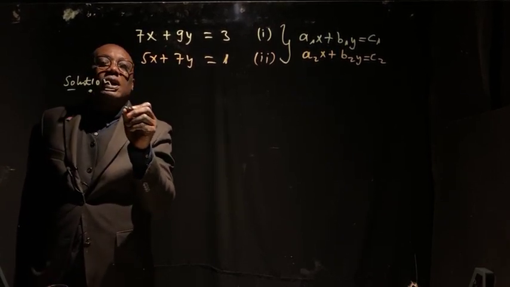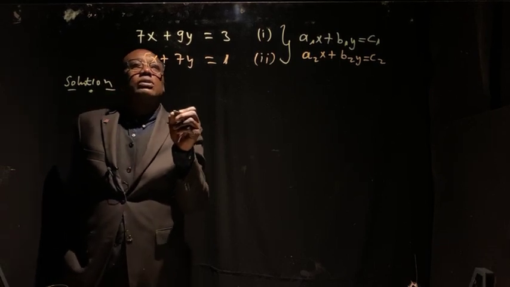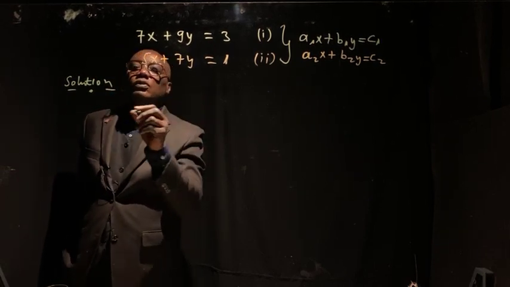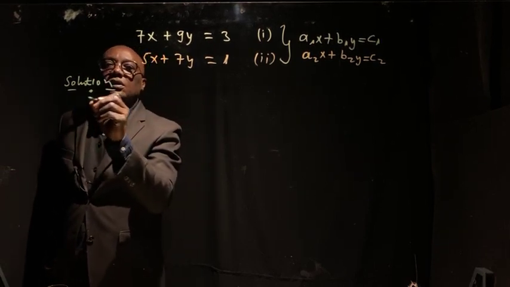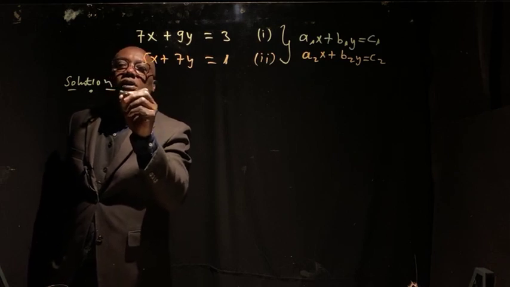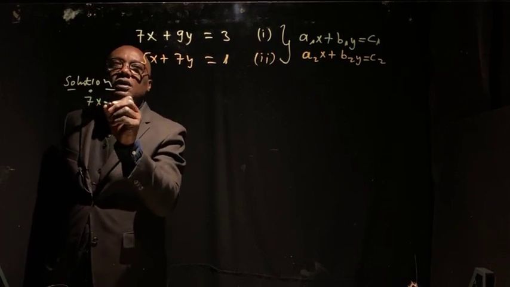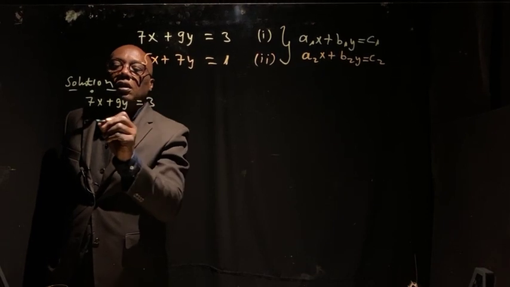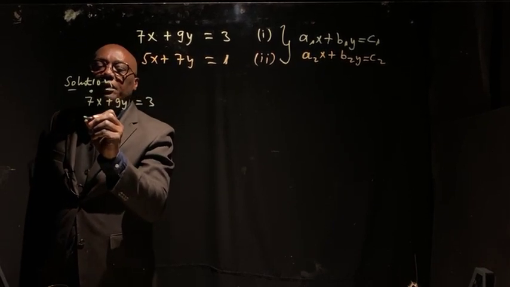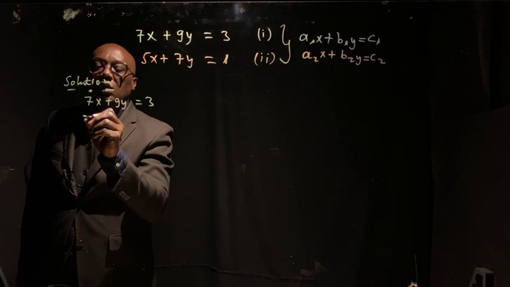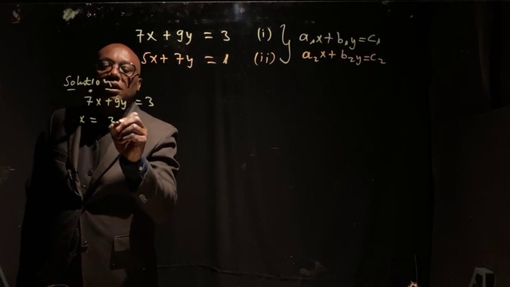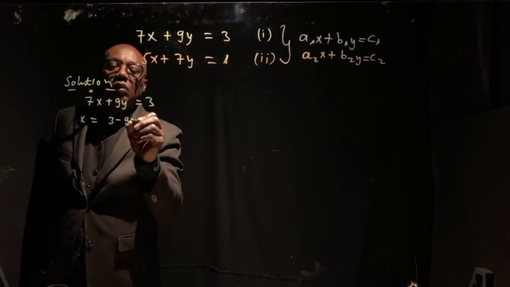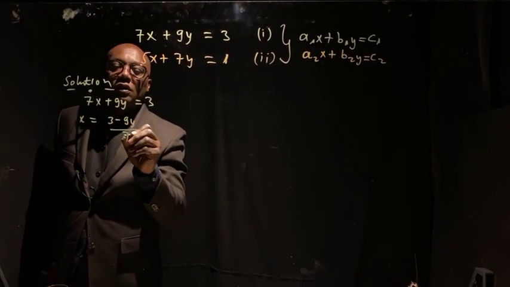As we've agreed to start with equation 1, we say that equation 1, which is 7x plus 9y equals 3, can be rearranged to be x equals 3 minus 9y over 7.